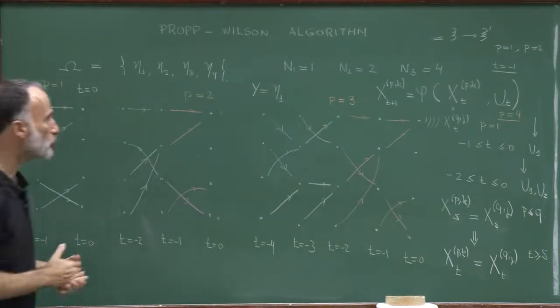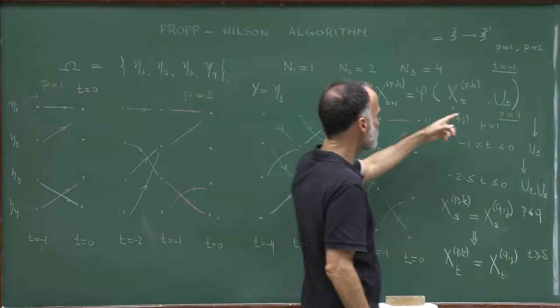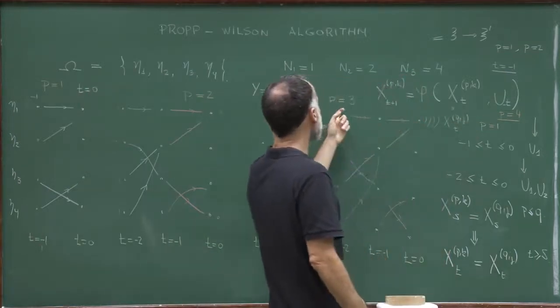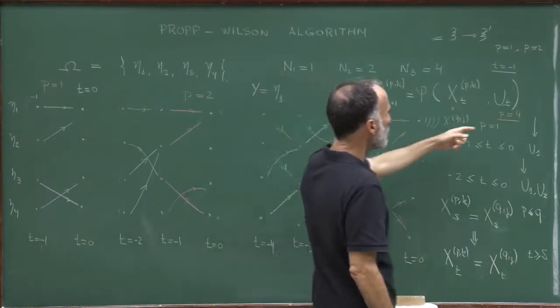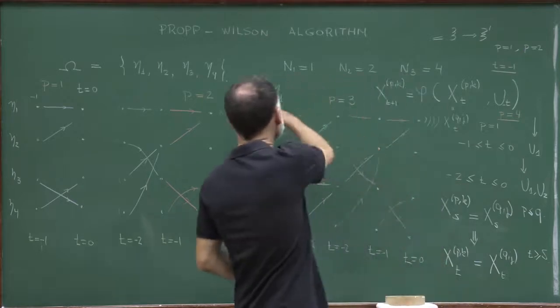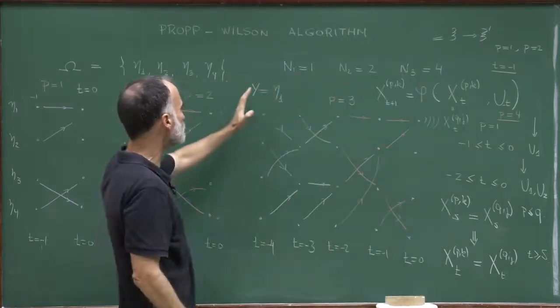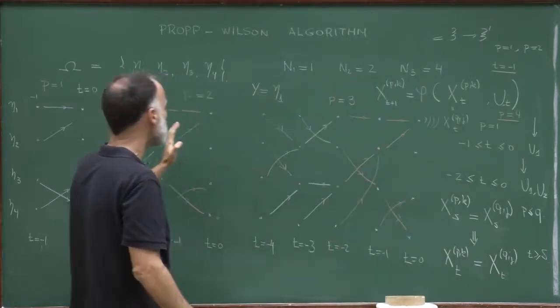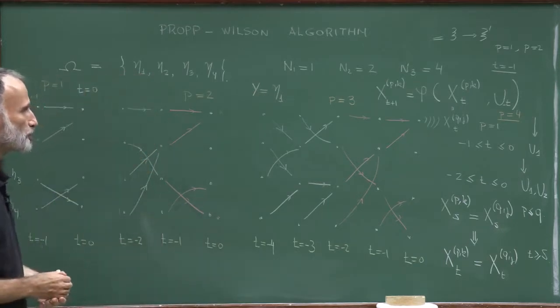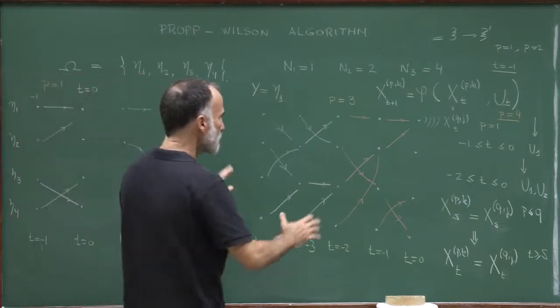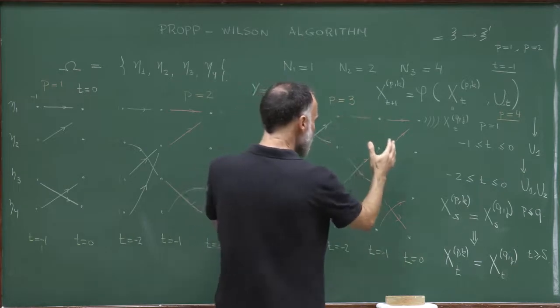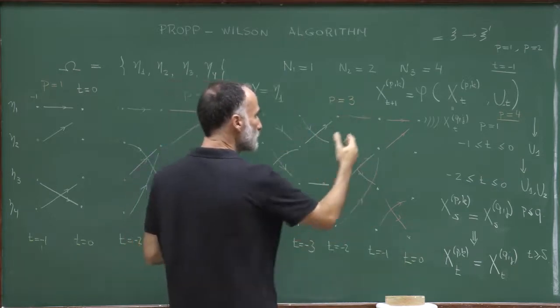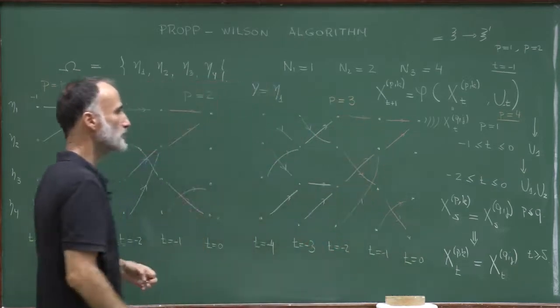And so I could have not stopped at stage 3 and gone to stage 4, but the outcome of this algorithm will be the same at stage 4, 5, 6, and so on. So the outcome of the algorithm, once it ends, is the same value at all stages.